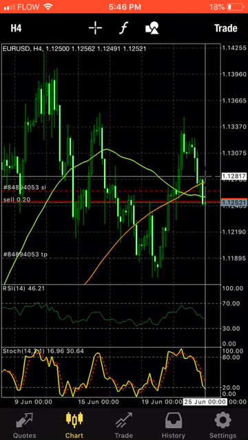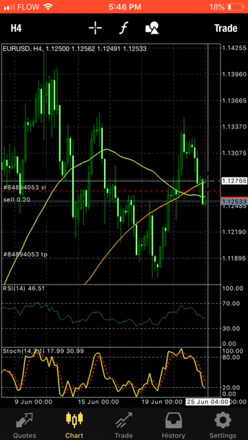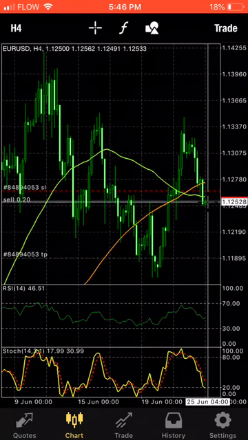So from 517 to 817 is a total of 30 pips.